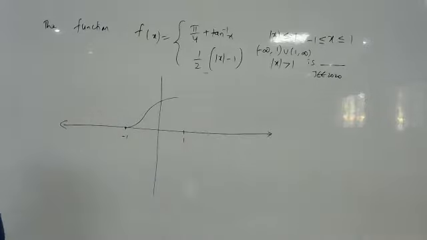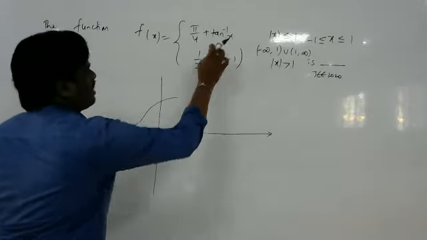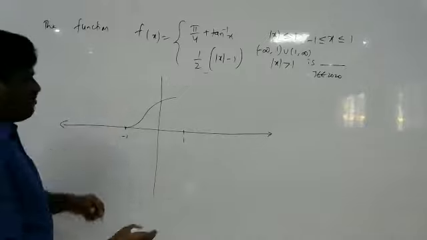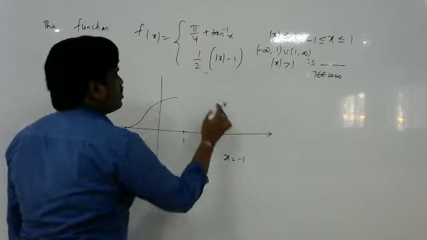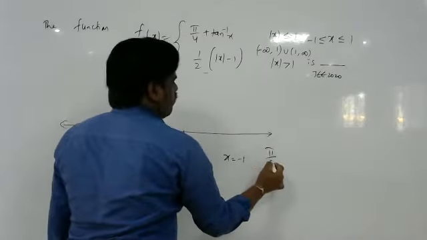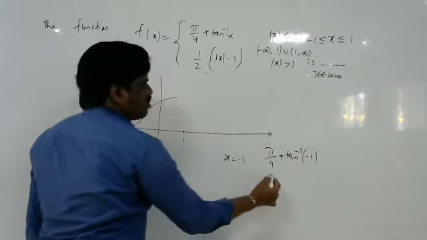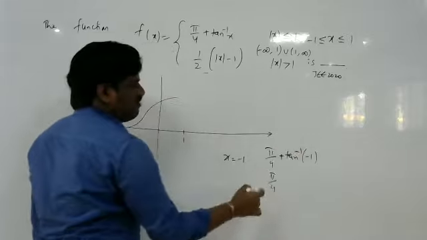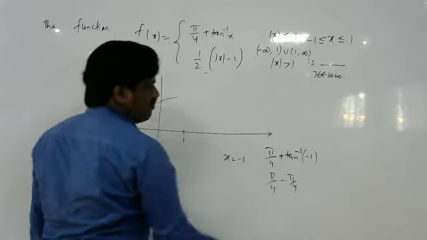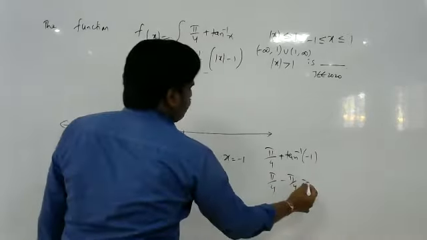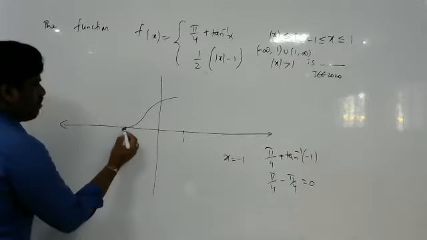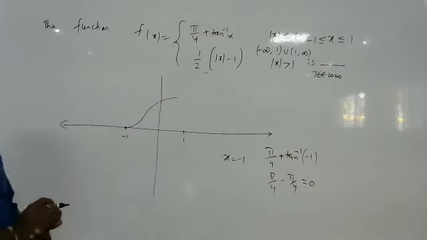If you want to get the points, you substitute 1 and minus 1. If x is equal to minus 1, I substitute in this function: pi by 4 plus tan inverse of minus 1. Tan inverse 1 is pi by 4, so tan inverse minus 1 is minus pi by 4. Pi by 4 minus pi by 4 is 0. So at minus 1 I get 0.